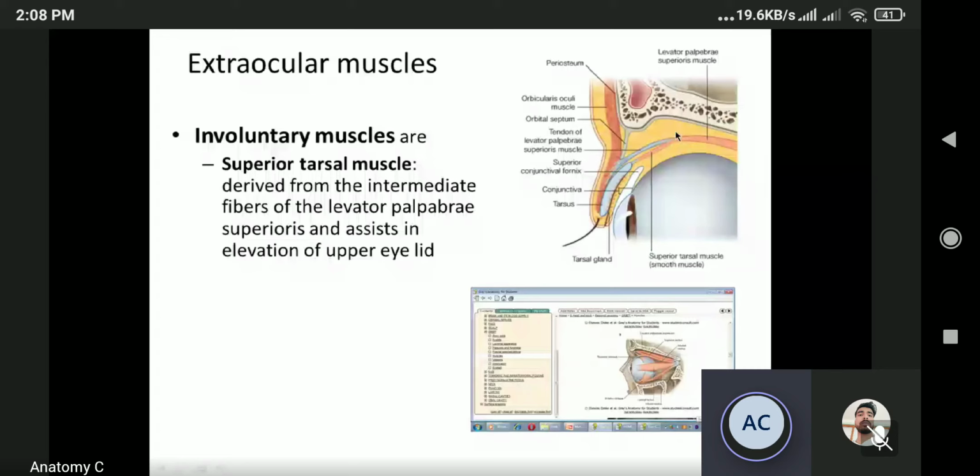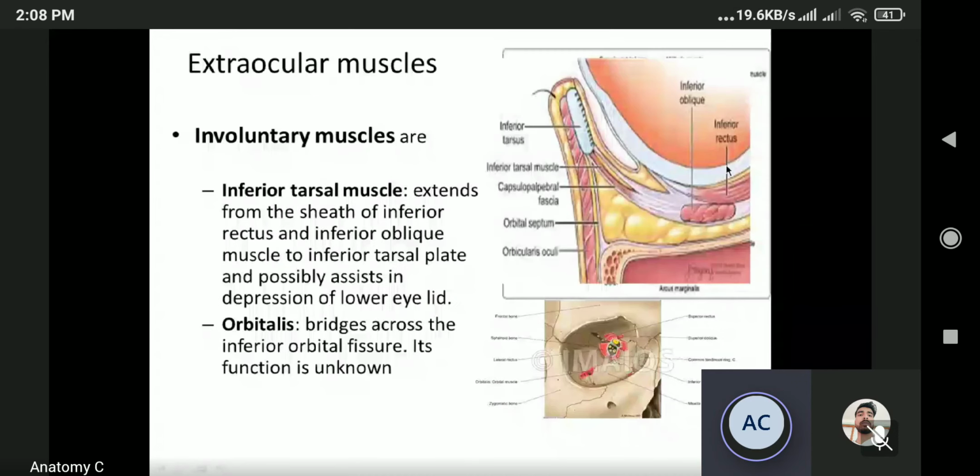Now talking about the inferior tarsal, look at it. This is the inferior rectus, this is the inferior oblique, and where is the inferior tarsal? This small one here is the inferior tarsal muscle. This inferior tarsal muscle extends from the sheath of the inferior rectus.